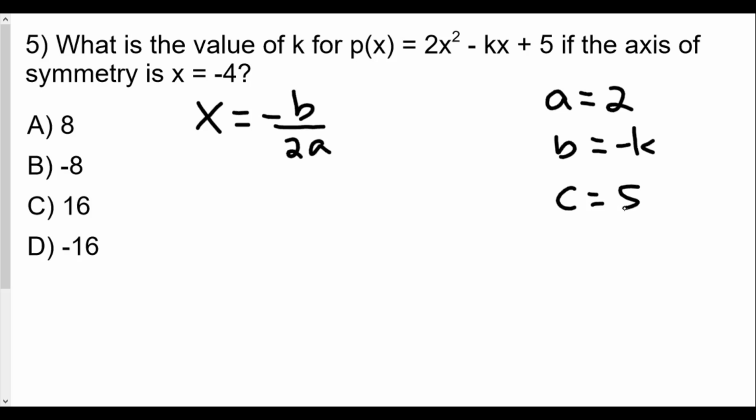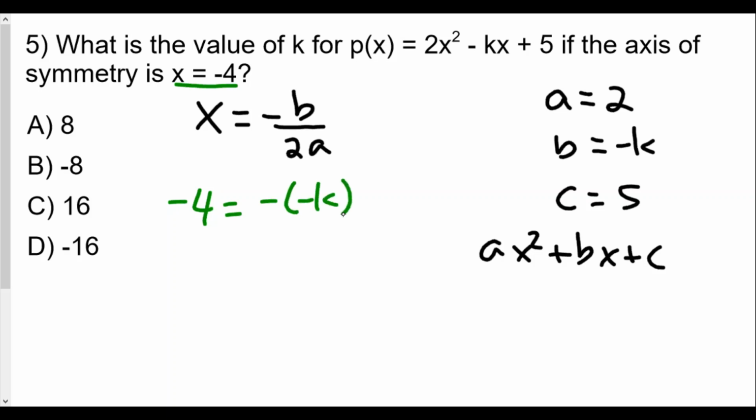Why is it -k? Because we're using the format of ax squared plus bx plus c. Okay, and so we plug in. Now we also know -4, that's a very important thing here. So we have -4 equals negative of -k over 2 times 2. -1 times -k is positive k. 2 times 2 is 4, equals -4.